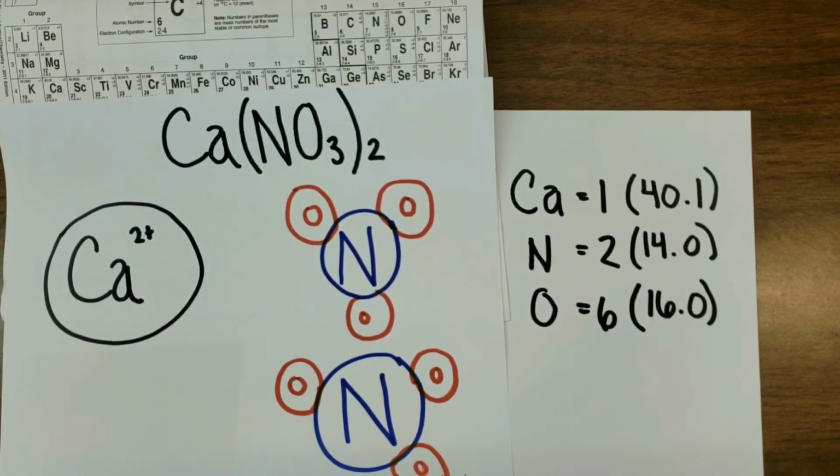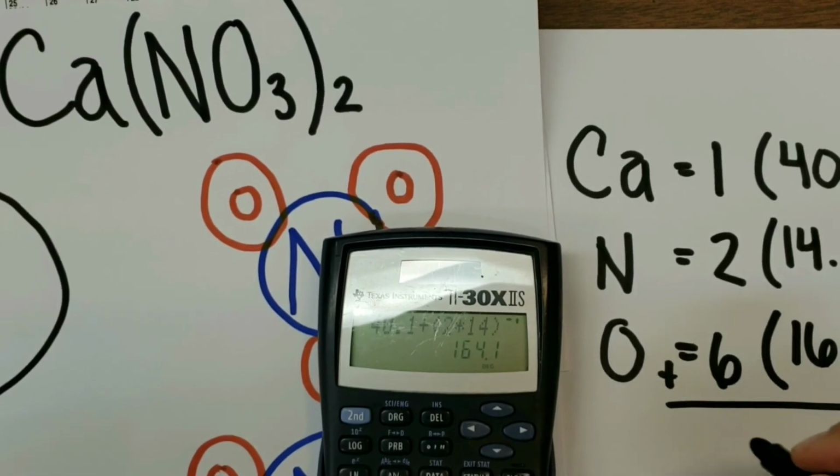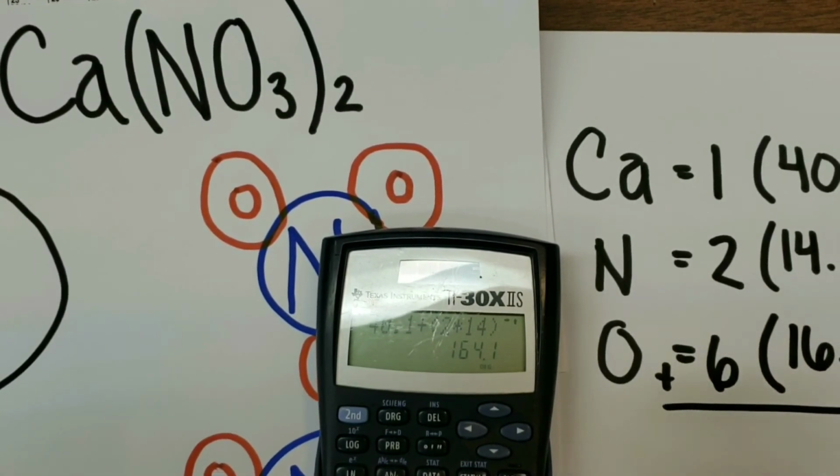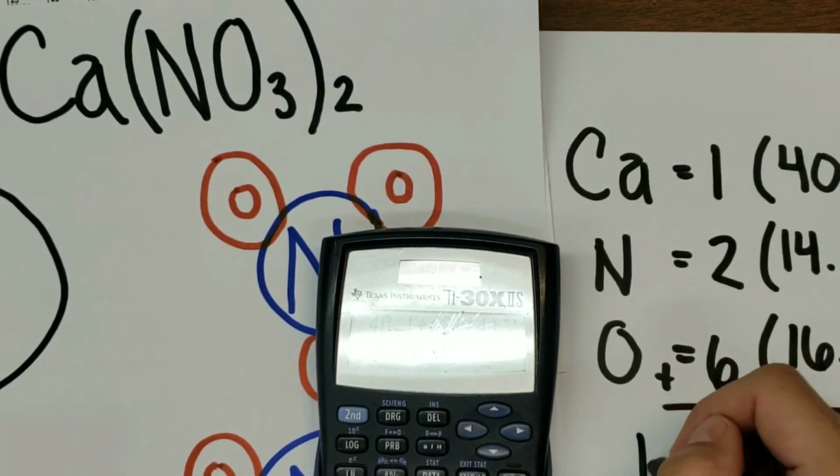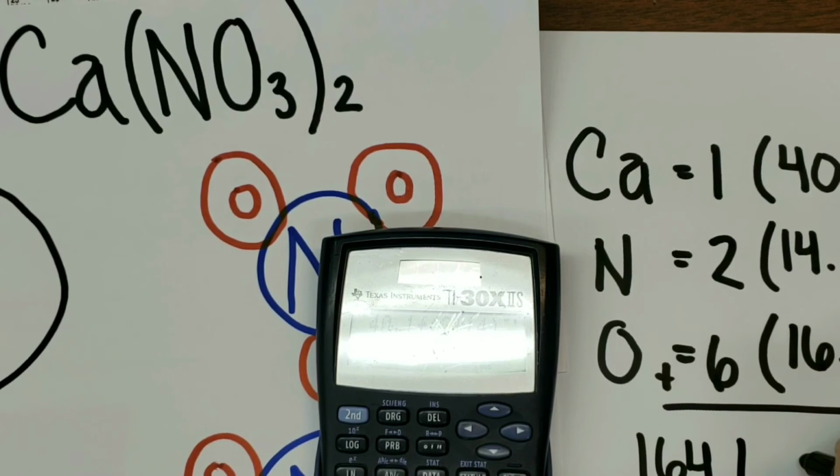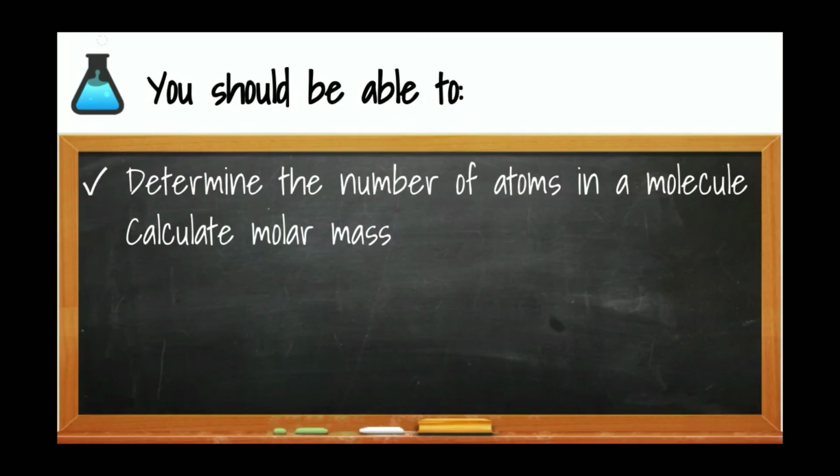Once we take these numbers, we can place them into our calculator to find the total. You can see that the gram formula mass of calcium nitrate is 164.1. We may report our answer in either atomic mass units or grams per mole. So by now, you should be able to determine the number of atoms in a molecule and calculate molar mass.